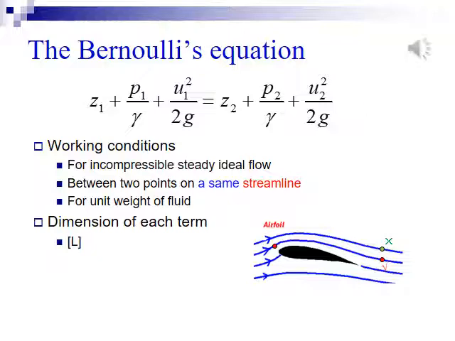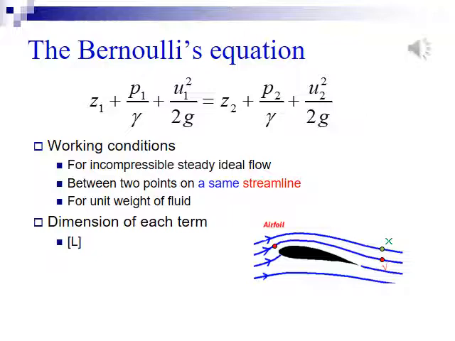They represent potential energy. Now in fluid flow, we also have kinetic energy, which is represented by U squared over 2g in meters. Well, you are able to explain the physical meaning of Bernoulli's equation.